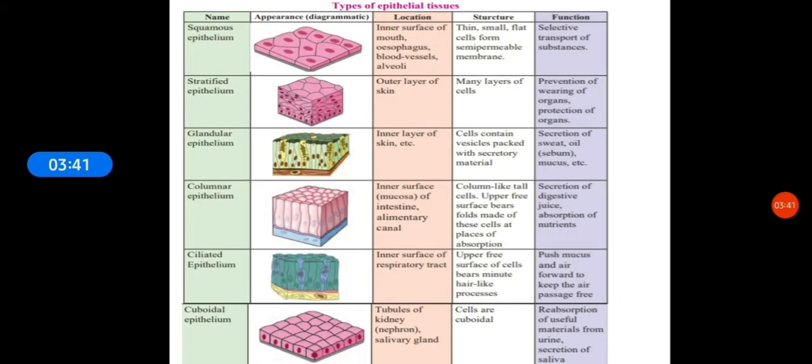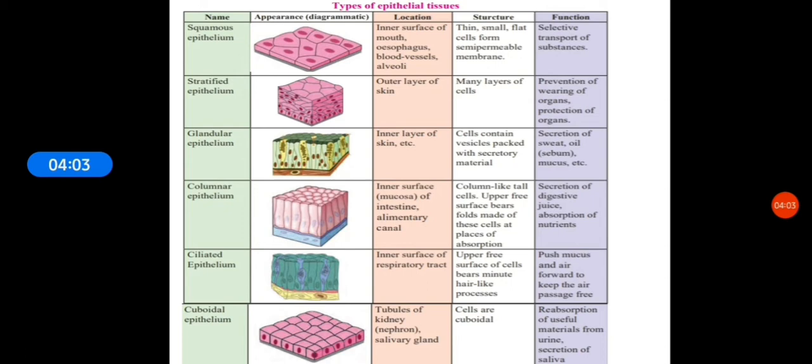Types of epithelial tissues. There are mainly six types of epithelial tissues: squamous epithelium, stratified epithelium, glandular epithelium, columnar epithelium, ciliated epithelium, and cuboidal epithelium.